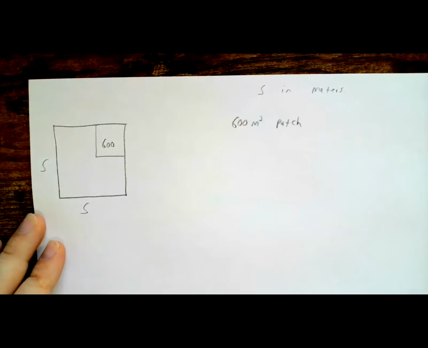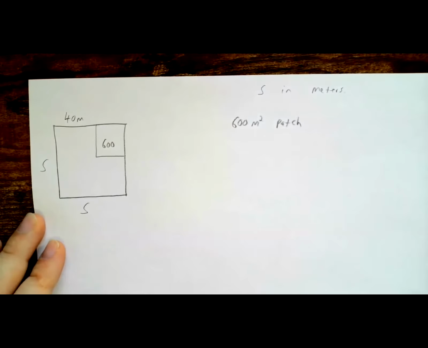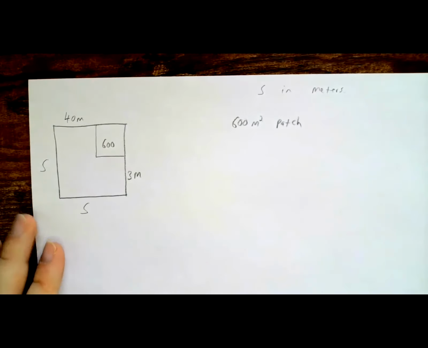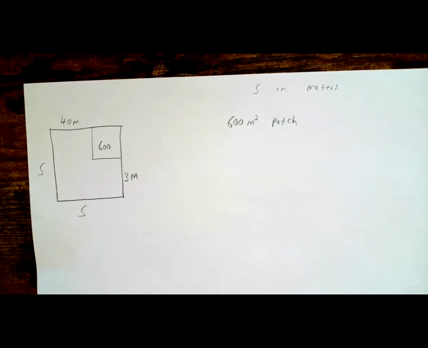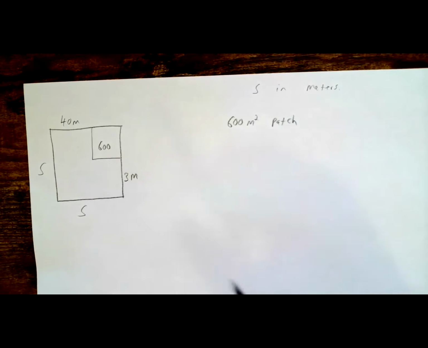And you need like 40 meters of space for the rest of your garden that way, and you need at least 30 meters of space for the rest of your garden that way. And then the question is, how big should you make the total side length of your garden? Like maybe you want to fence it in, so you're searching for how big should you make the total side length of the square garden.